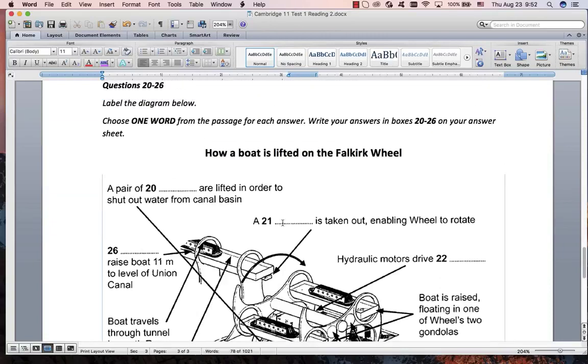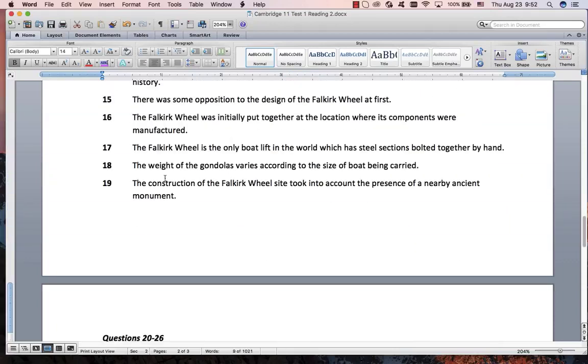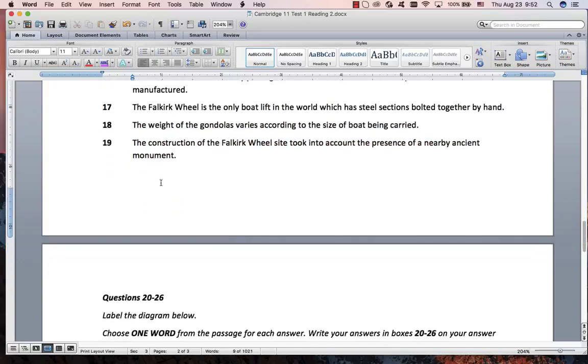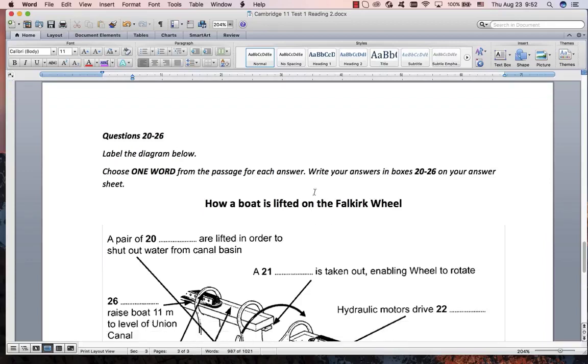So we need to find maybe something about that, or the first one, a pair of, or we're going to go and find that. Remember, that could be not given, so we would really actually want to look at those 2. Remember, try and find the boundary between the questions. So we're really looking for where they are taking this diagram from.